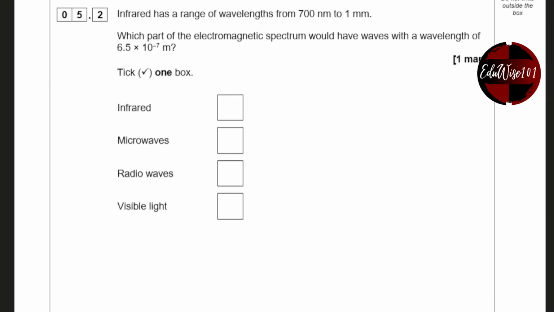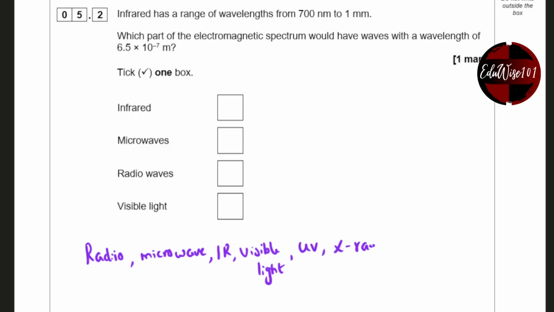So let's have a look at the electromagnetic spectrum. If we start with radio waves, radio, then microwave, then infrared, visible light, then UV, then X-ray, and then finally gamma.